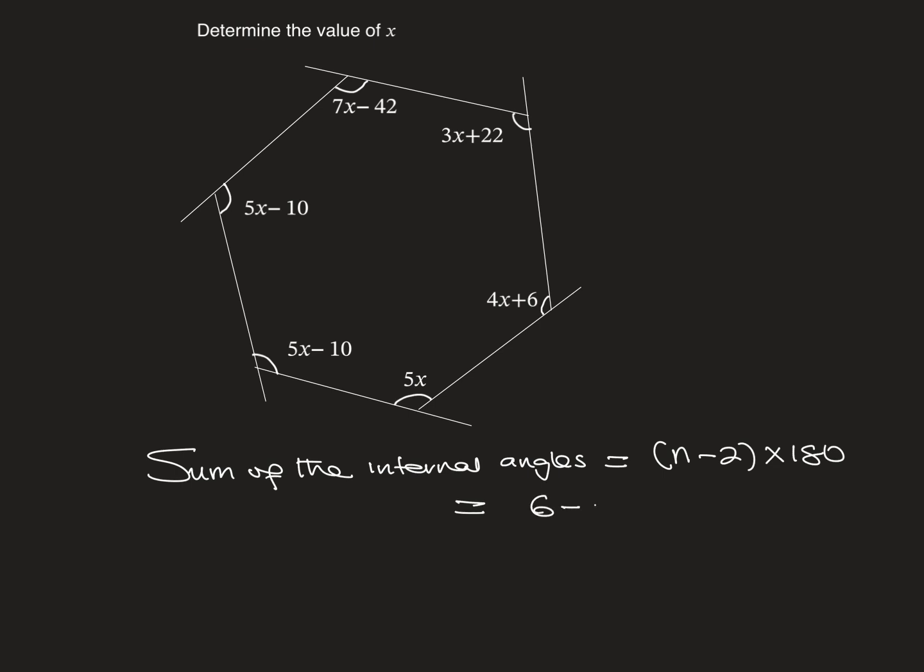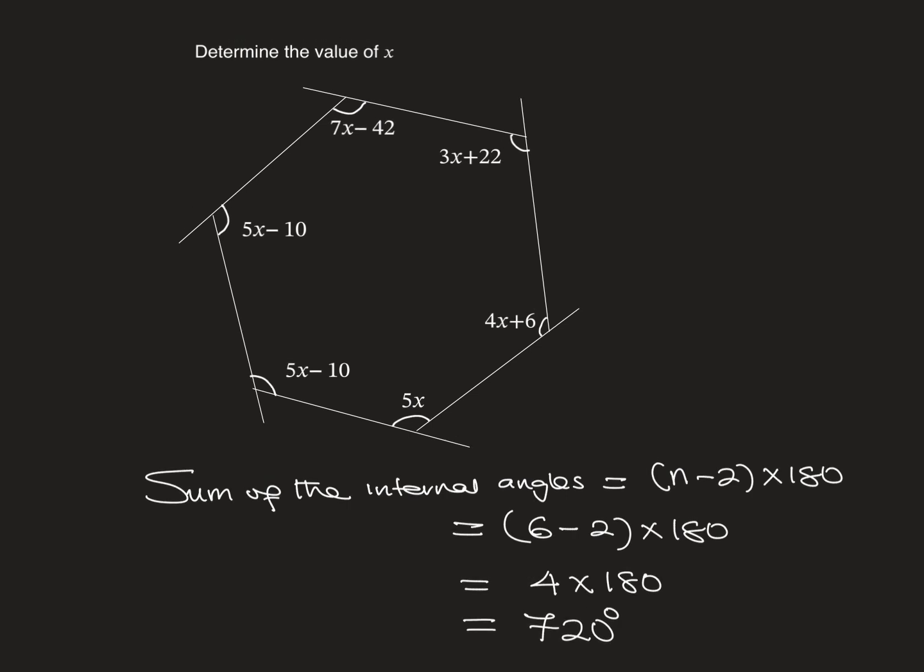So that will be 6 minus 2 times 180. That is 4 times 180, and 4 times 180 is 720 degrees. What that means is if you add all these angles, you should have 720 degrees as the sum of the internal angles.